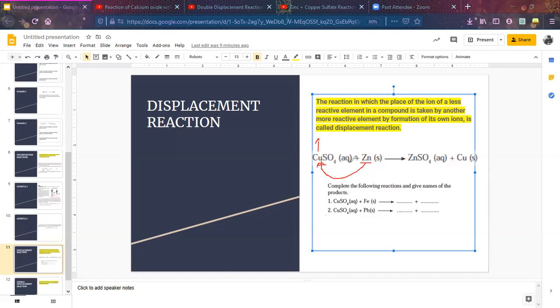Copper is less reactive than zinc, so copper is replaced by something which is more reactive. This is called displacement reaction.